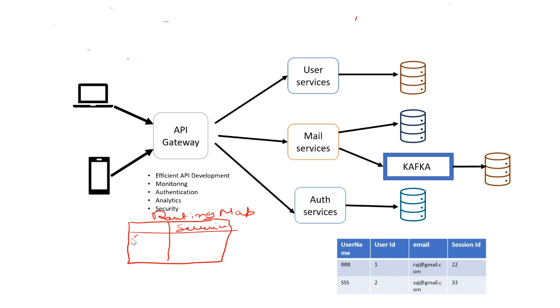For example, if you are sending create user in the HTTP request, I need to send this request to the user service. If you are trying to send an authentication request, I need to send it to the auth service. If you are trying to send an email, I need to send it to the mail service.